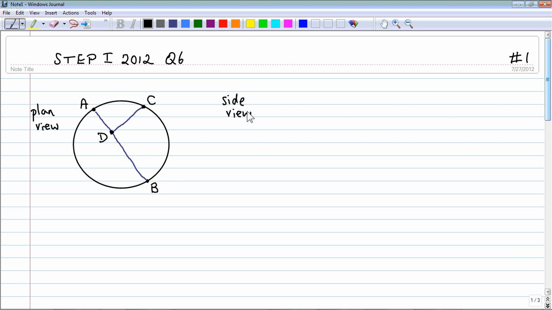Because I'm trying to explain this answer, I'm going to draw a little bit more detail, maybe something like this, with this being D, this being A, this being B, and this being a point E, the top of the flagpole.